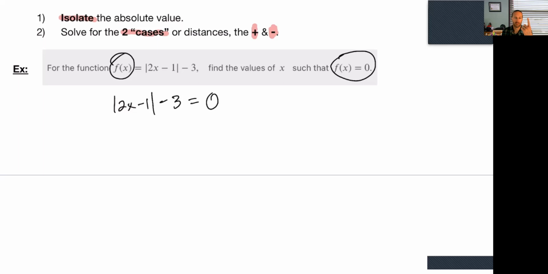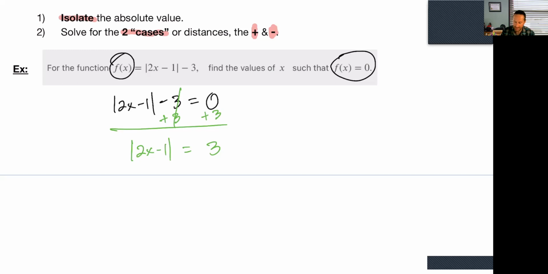So step 1, get it by itself. That would require us to add 3 to both sides. Then, now that I have my absolute value by itself, step 2, do your two cases.